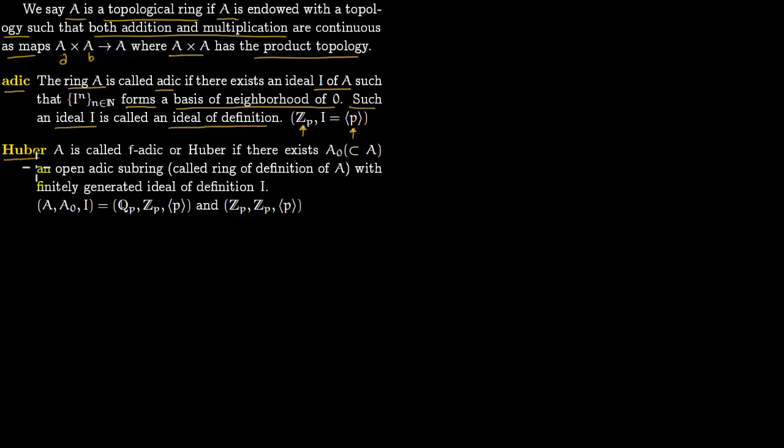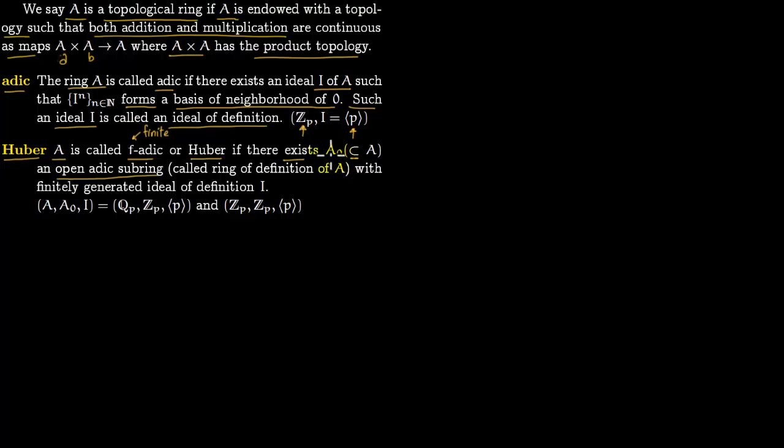Now we come to the Huber ring. A ring A is called f-adic or Huber. This F stands for finite, which will be clear in a minute. If there exists some A0 which lies within ring A, this is an open adic subring. So basically all the elements have their neighborhoods contained in this ring.